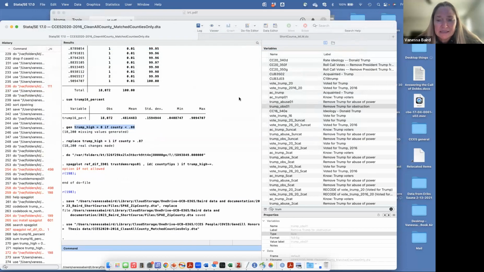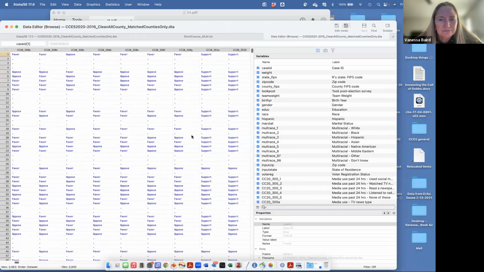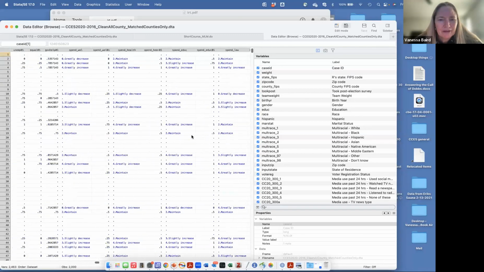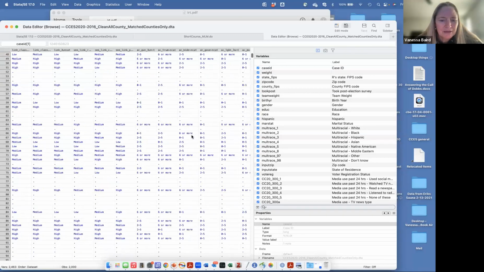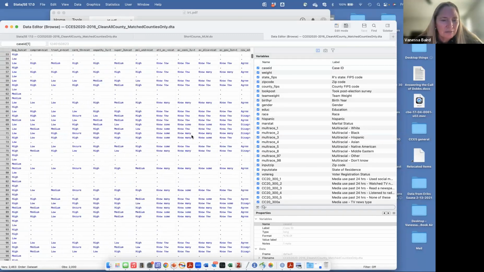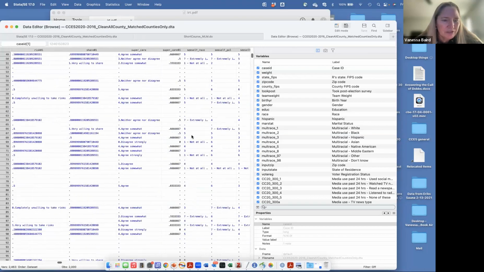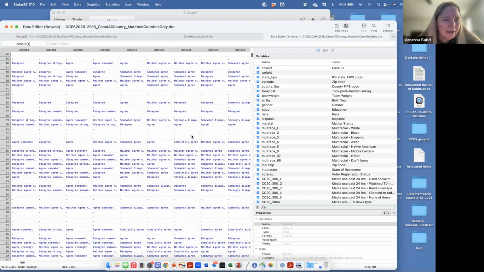Here's CCES data such that I've attached, this is one of my merge things that didn't help. Another thing about multi-level modeling is that when you have to merge the variables yourself, it makes you unhappy.